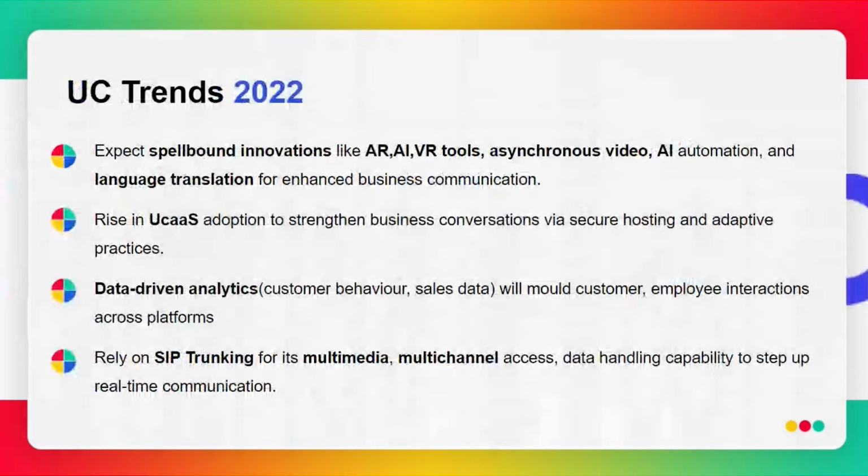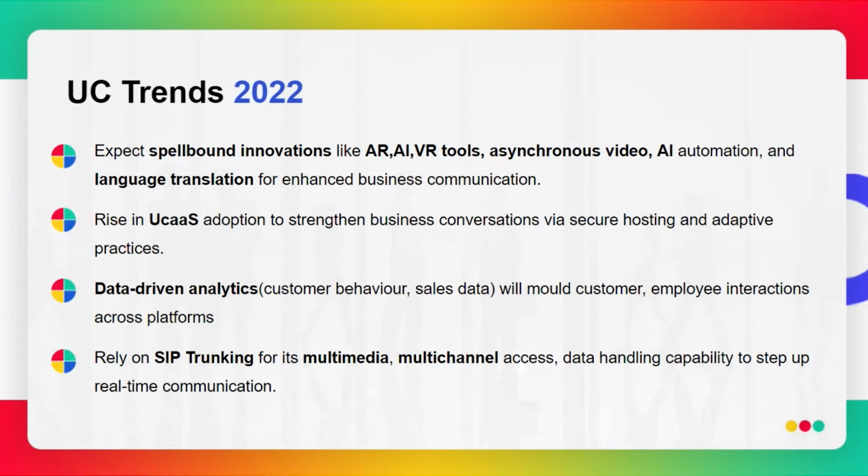Now we are moving towards the future, that is UC trends in 2022. So far we've been seeing everything like messaging, chat, calls, and email systems. Now what are the trends in 2022? How are people trying to move unified communication to the next level?